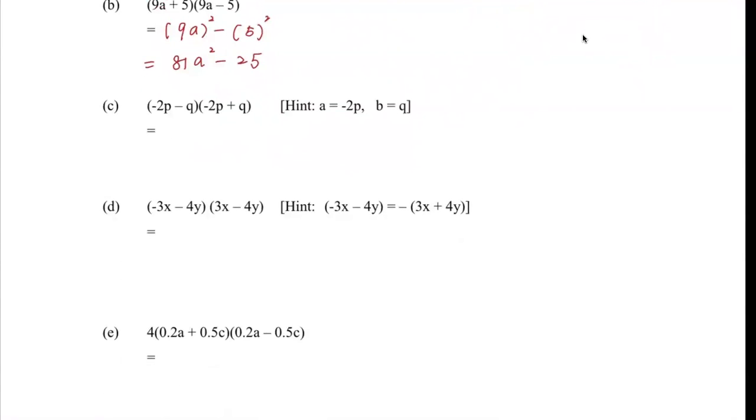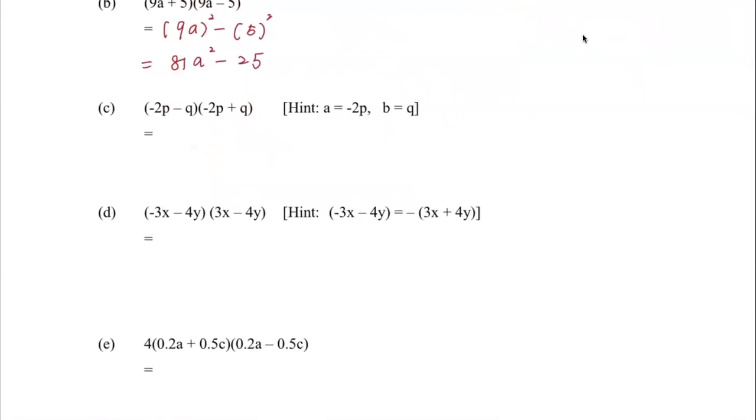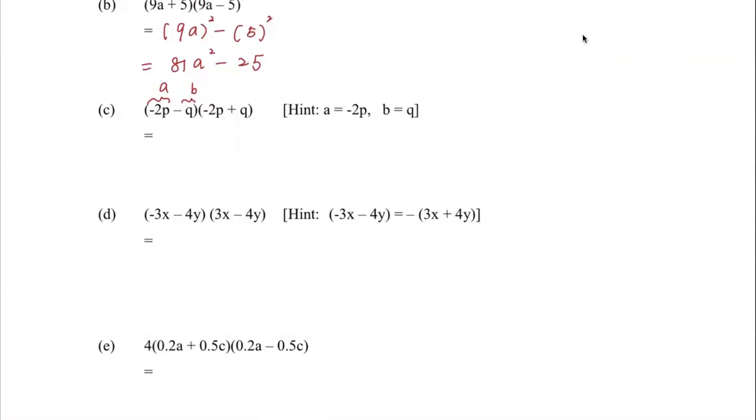C, minus 2p minus q times minus 2p plus q. We're given a hint already. If we see minus 2p as A and q as B, then this expression is of the form A minus B times A plus B. But we know that in multiplication, if we switch the terms, the result is the same, which means A plus B times A minus B and A minus B times A plus B are equal.